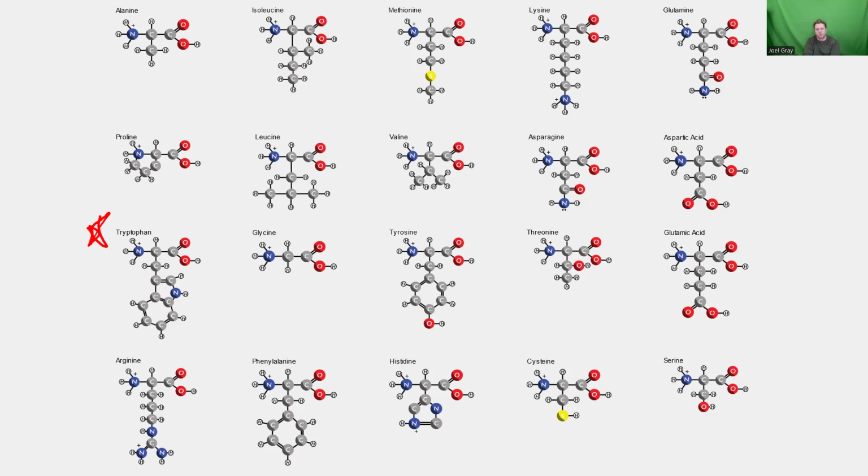Now you don't have to keep this as a part of your memory, but look at tryptophan for a second, and then if you can, visualize it and rotate it 90 degrees, and rotate it 90 degrees this way. There's the arrow. Tryptophan, like all of our other amino acids, has a single letter code. The single letter code for it is W.